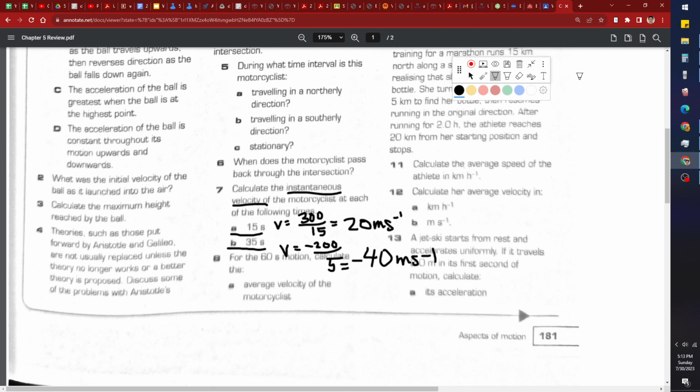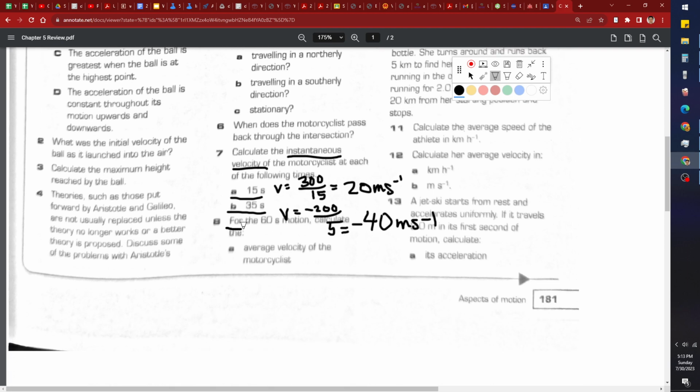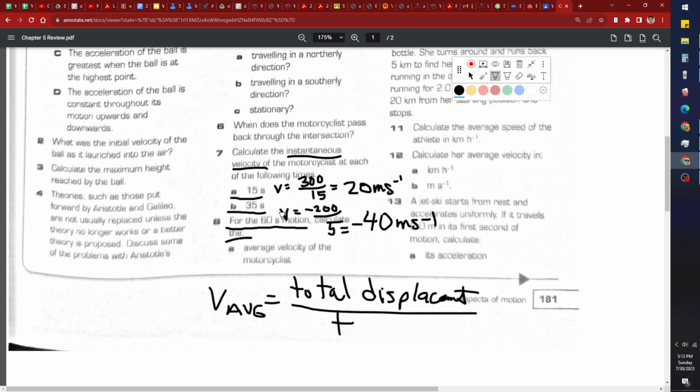All right. Now it says for the 60-second motion, calculate the average velocity of the motorist. Well, average velocity, if you read your notes, means the total displacement, because we're talking about velocity, divided by the total time it took to do that. And the total time, they say right here in the question, 60 seconds.